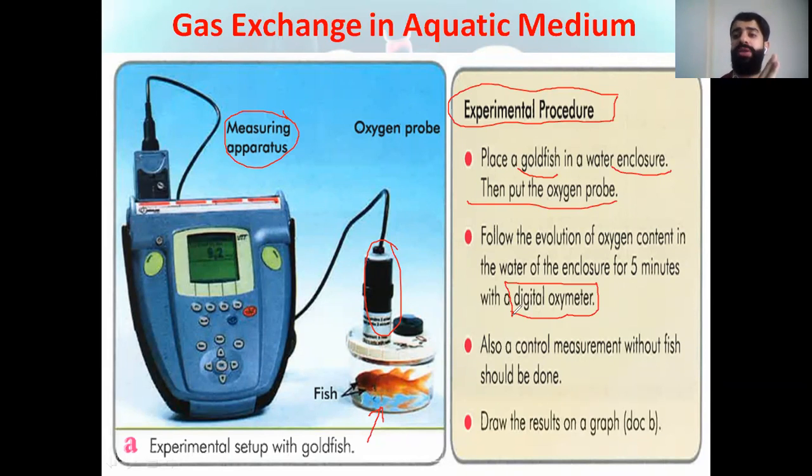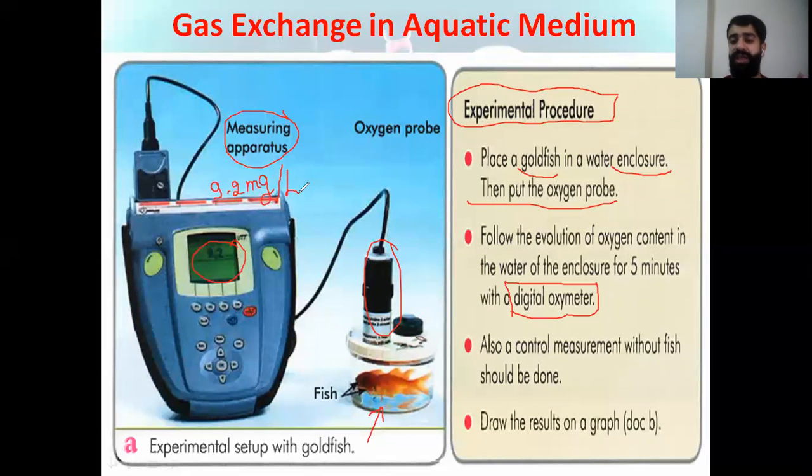The one without a fish is considered the control experiment, and it is used to compare and to explain the results. At the beginning of the experiment, the quantity of oxygen gas was 9.2 milligram per liter.